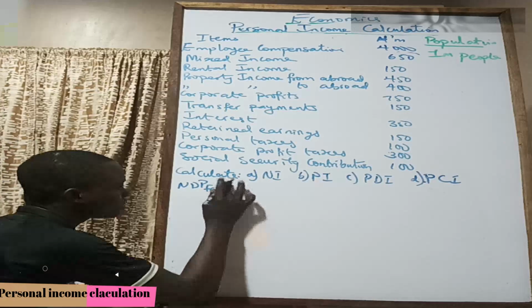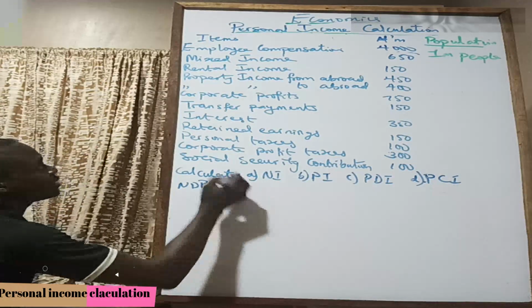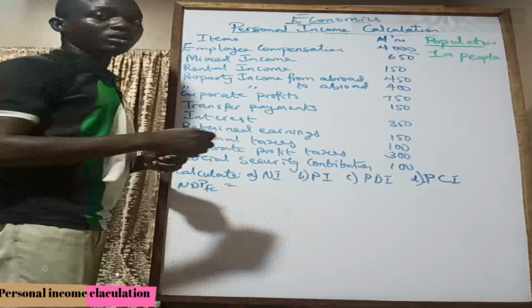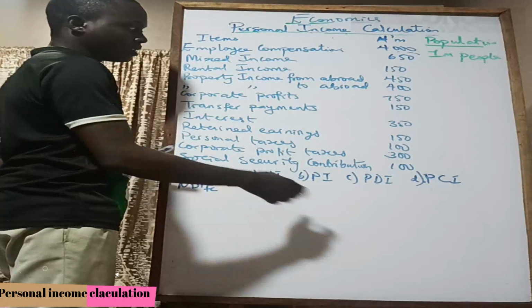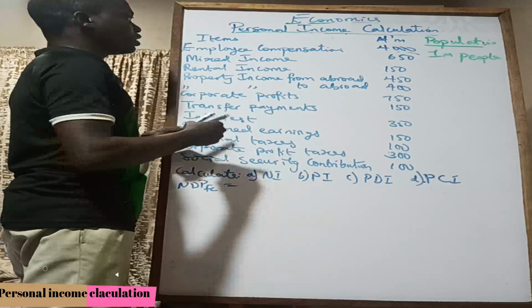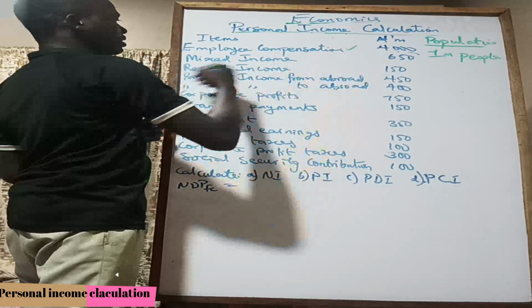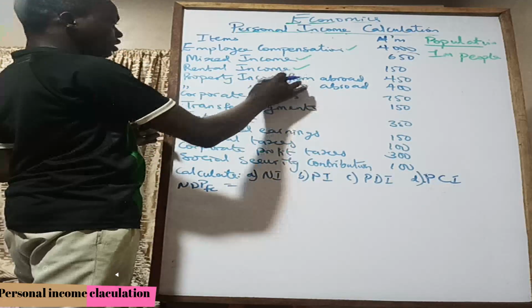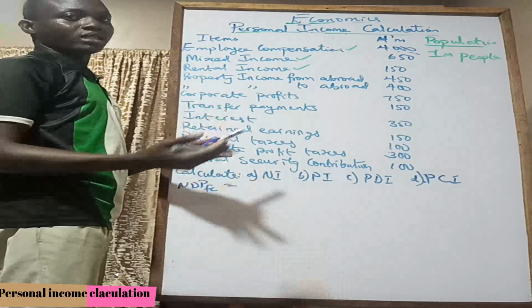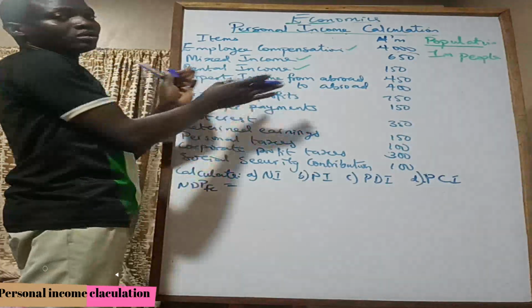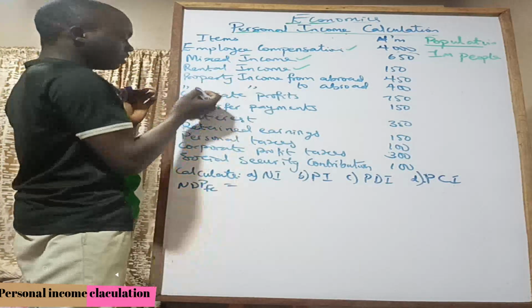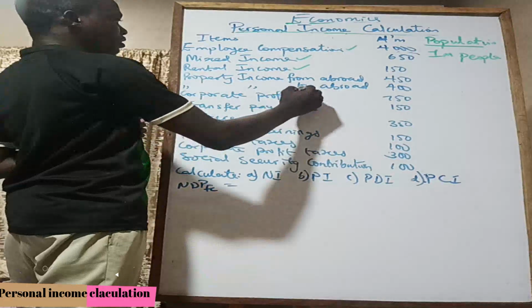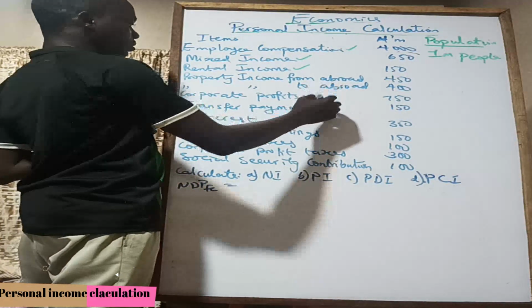If this was an exam, you'd be writing out all of the items that you want to add, but I don't have the space, time or will, so I'm just going to write the things that we are adding. Employee compensation is in. Mixed income is in. Rental income is in. Property income from abroad and to abroad is not yet in, because for net domestic product we are not yet adding those.